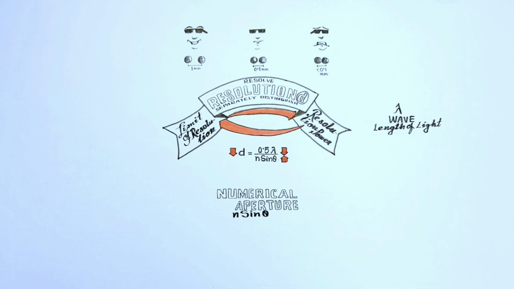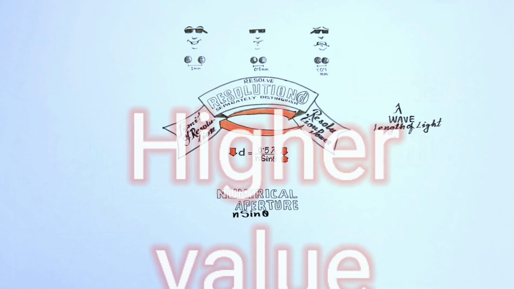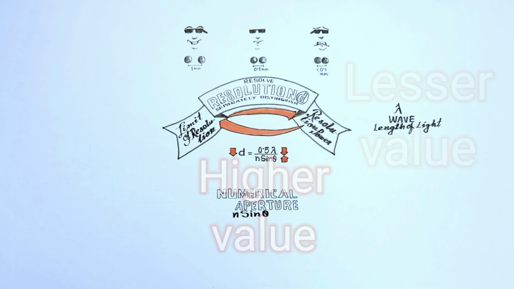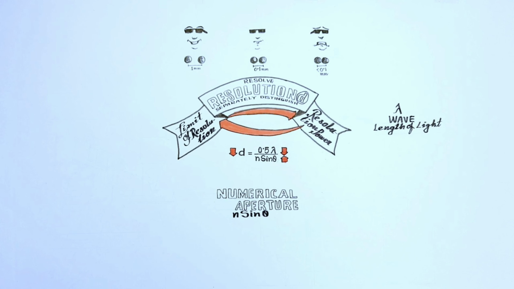So apparently it is clear that to achieve higher resolution power, we have to manipulate the value of lambda and n sin theta. Or in other words, we have to find a lesser value of lambda and a higher value of n sin theta.